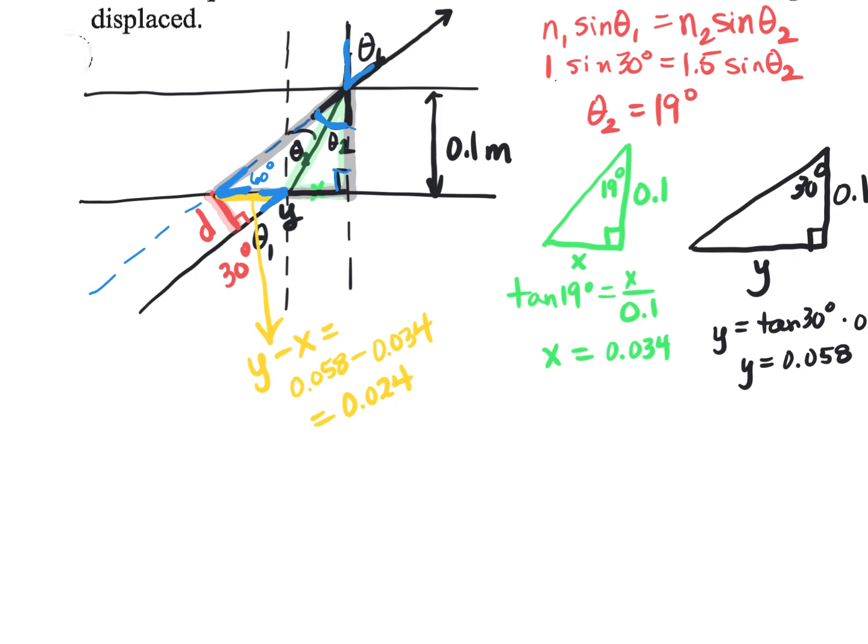That's not 30, it's 60. You see it? Walk up and show me what you're saying. 30. 30 up here. No. Since they're parallel, doesn't that have to be 30?